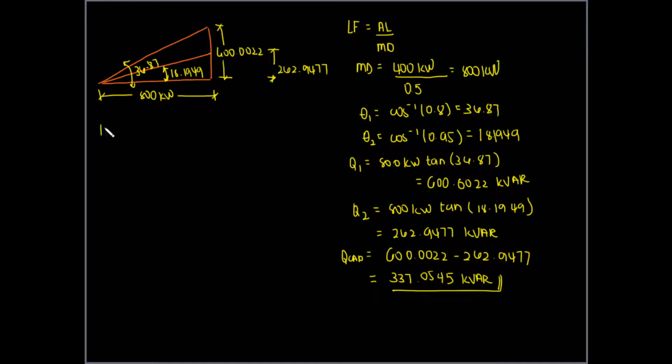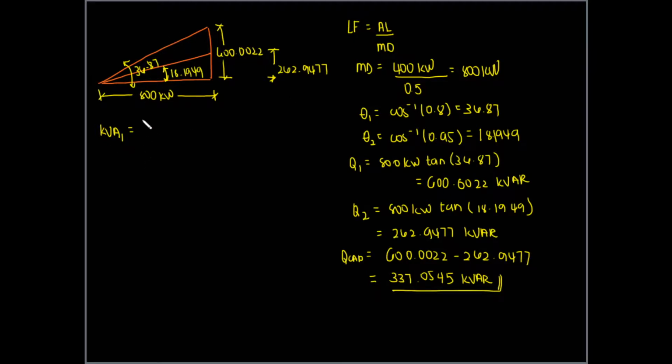So to make this more comprehensive, let's first solve for kVA1. So relating hypotenuse to adjacent side in relation to the angle, the trigonometric function is of course cosine. So the kVA here, cosine 36.87 is 800 over kVA.